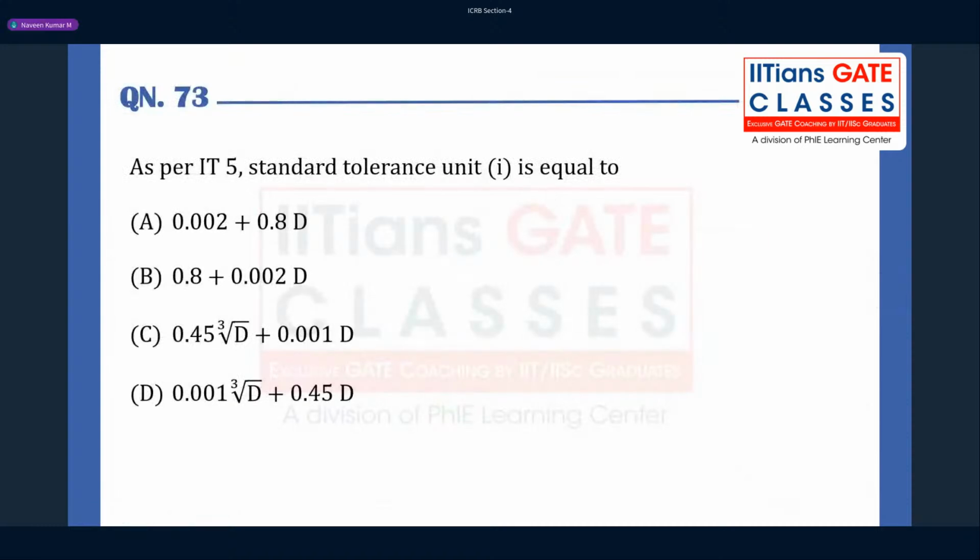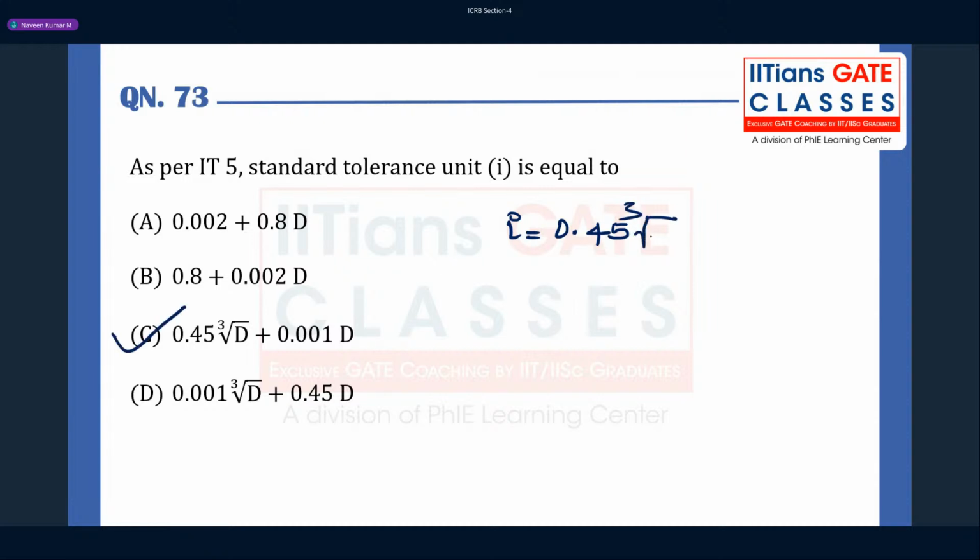They're asking, again this is from metrology inspection, as per IT5 standard tolerance unit, I is equal to. It is a basic formula that you have to remember, but it's easy to remember. The formula is I is equal to 0.45 into cube root of D. Option is C actually.